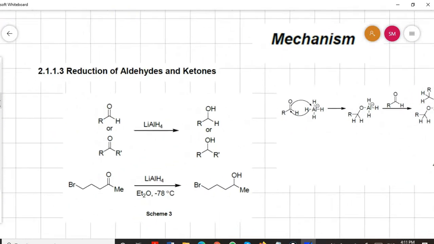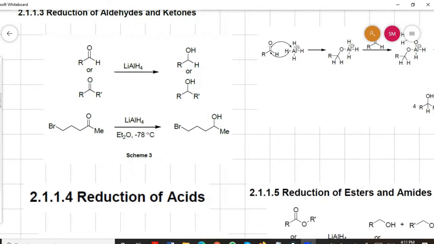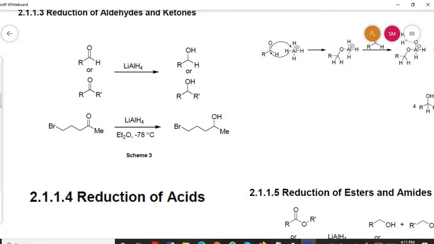The first application of lithium aluminum hydride: as I said, its active partner is H minus, which can act upon electron deficient positions like carbonyls.